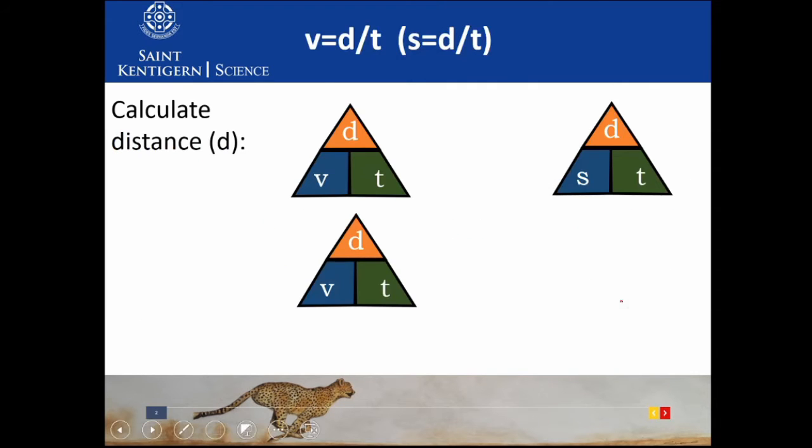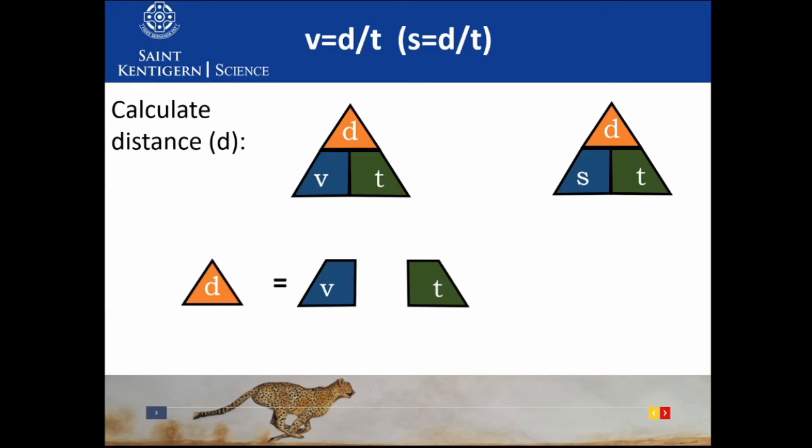Another way to think about it is to close with your hand the one that you're after. Let's say you want velocity, so I close velocity.